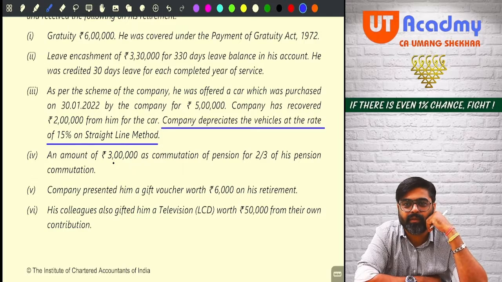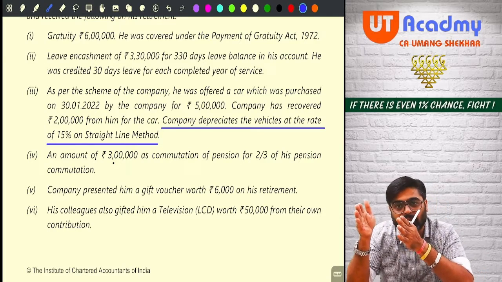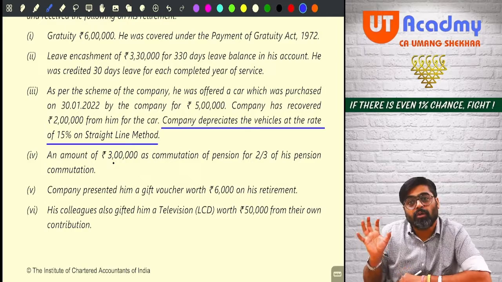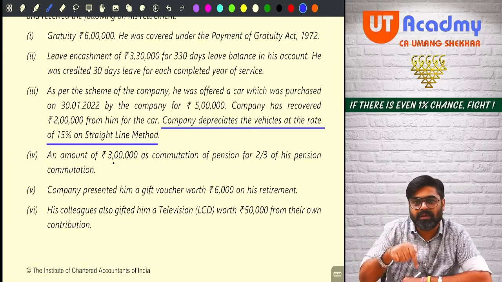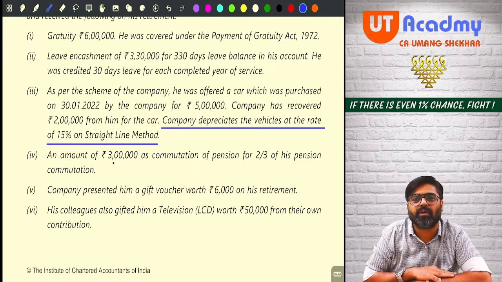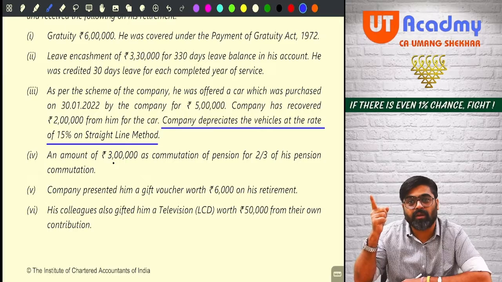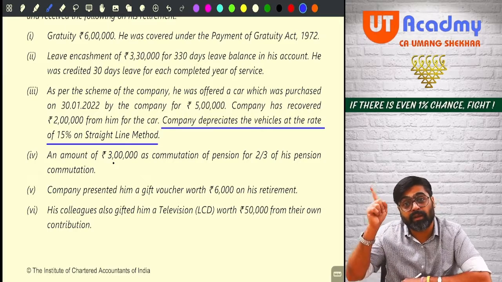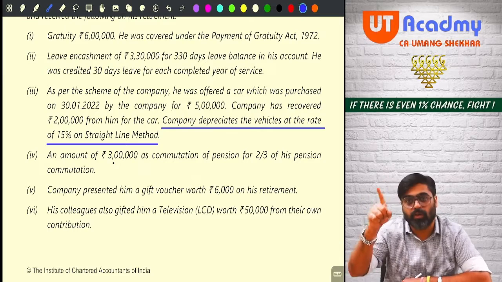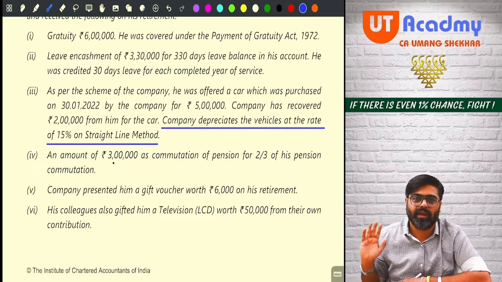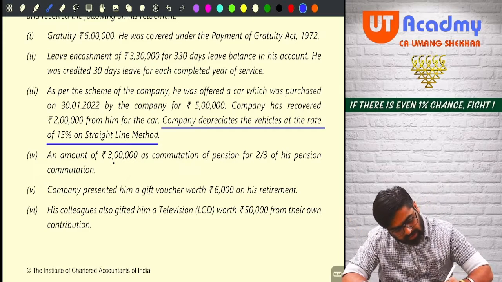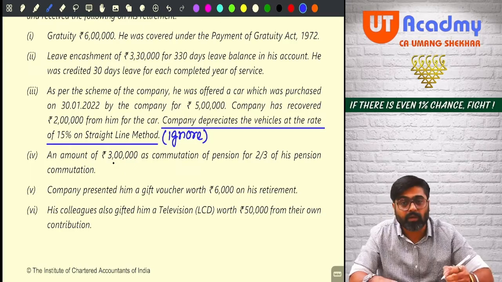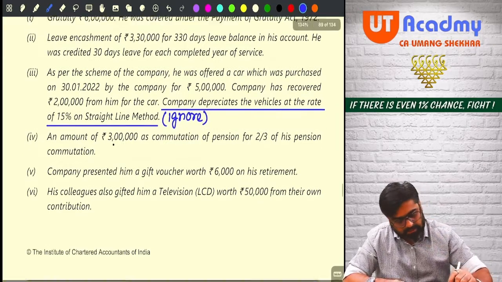Getting my point? So while calculating salary, you will be valuing the perquisite. To value that perquisite, this depreciation rate and this method is not allowed. Only 20% WDV is allowed, and for every completed year of use. WDV basis. Hello, everyone. So ignore this information. This information is given to confuse you. Okay. Next one.